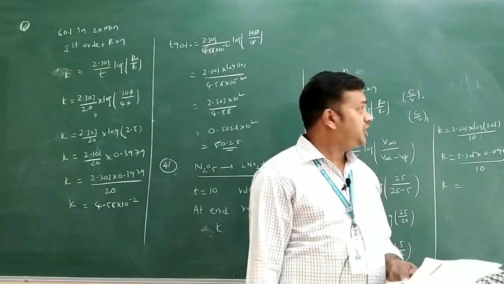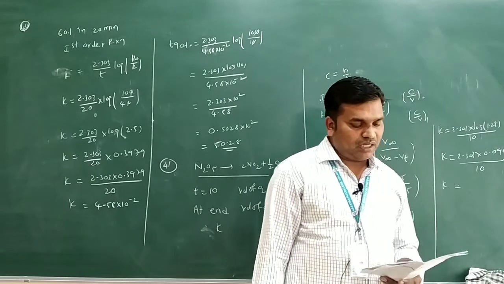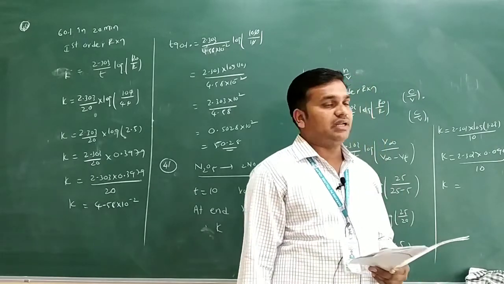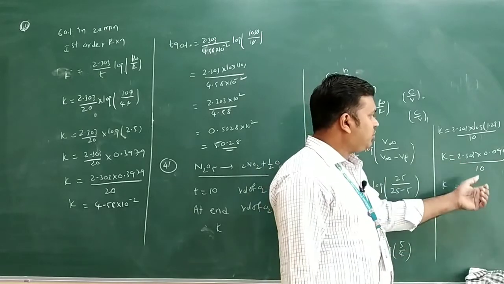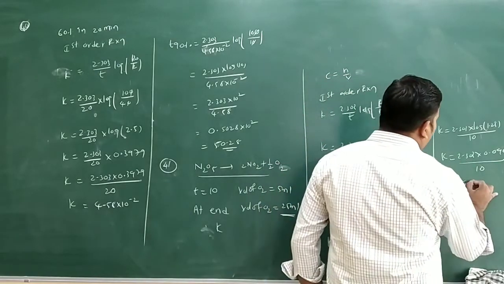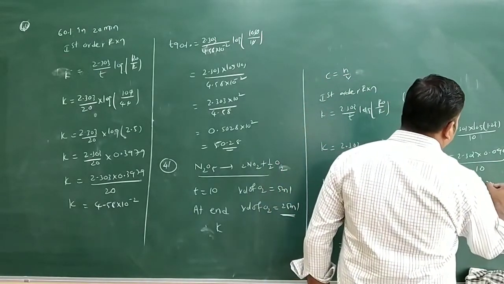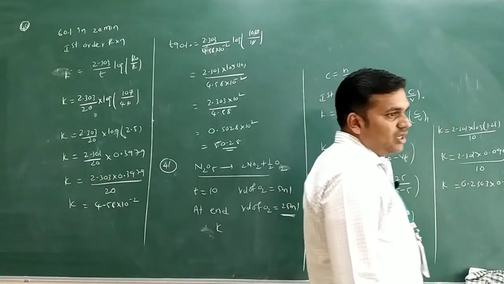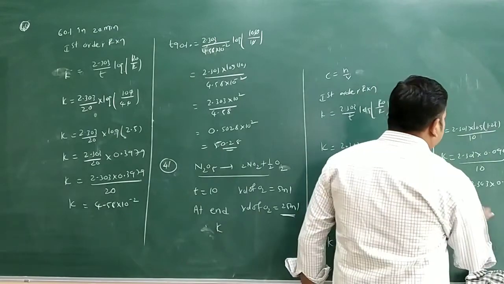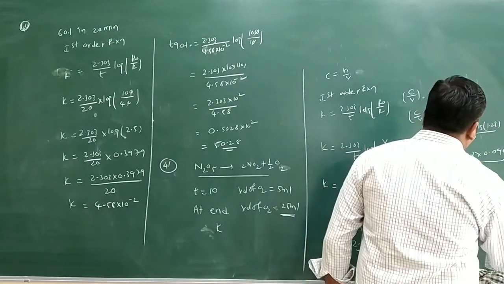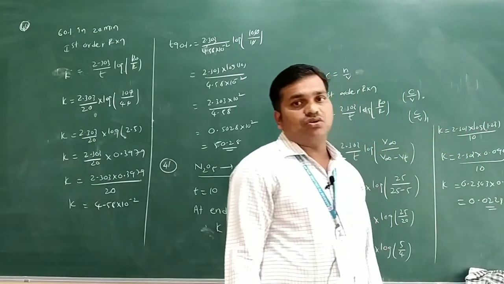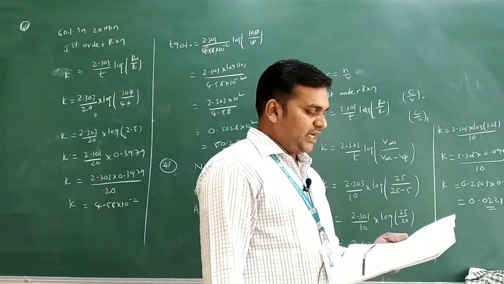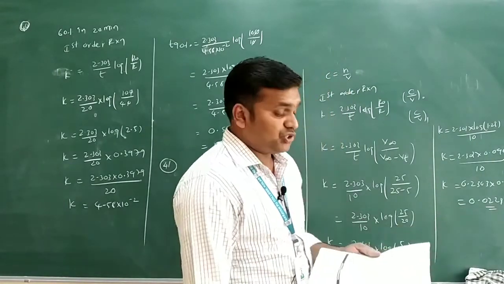There is no chance to get 25 seconds or 15 seconds or 200 seconds. If you multiply, 0.2303 into 0.0969, you will get 0.0223. So the answer is not given for this question. You will take none of the above for this question number 41.